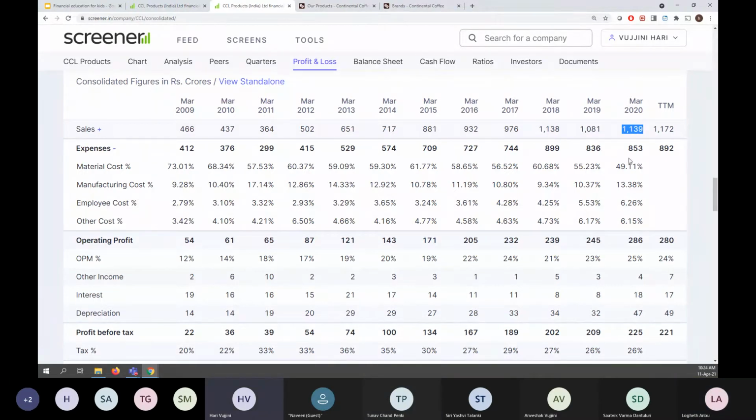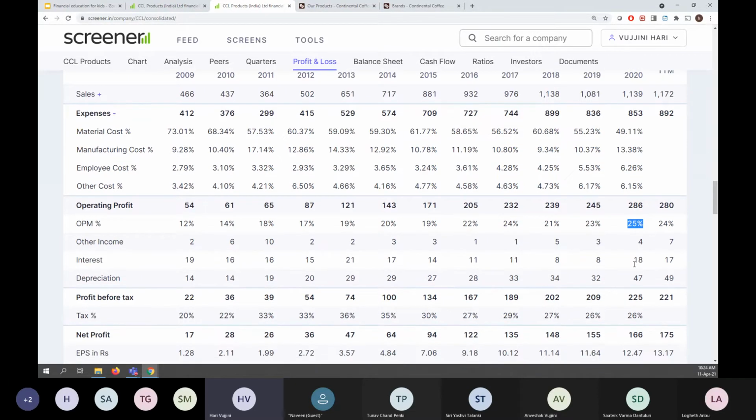So if you look at the net operating profit they made, if you do 286 divided by 1139, you would get 25%. So that's a 25% operating profit the company is making. This is one very important data point for us to understand how much operating profit the company is making. After that operating profit, they have some other income.